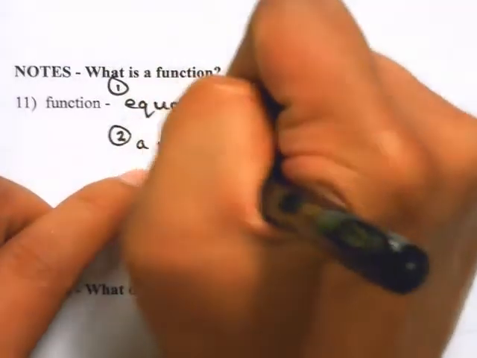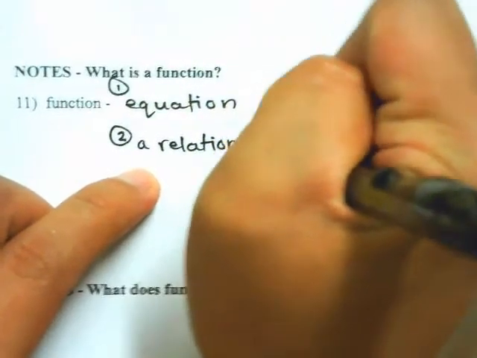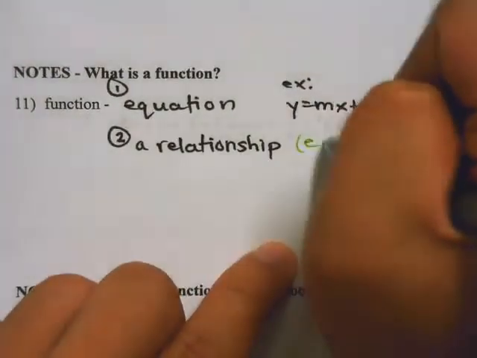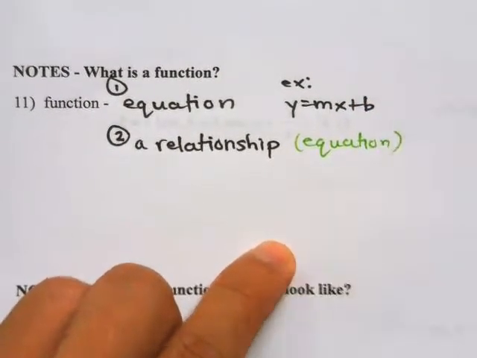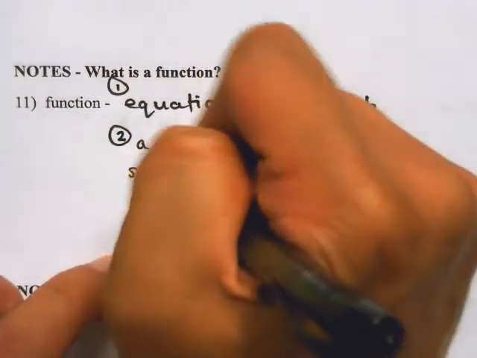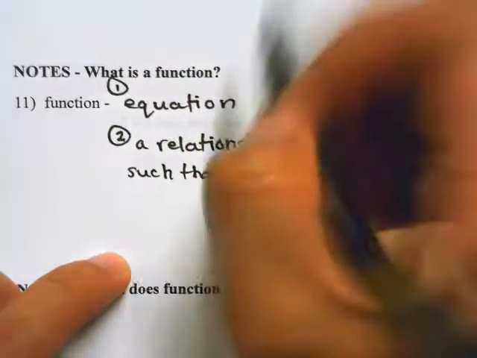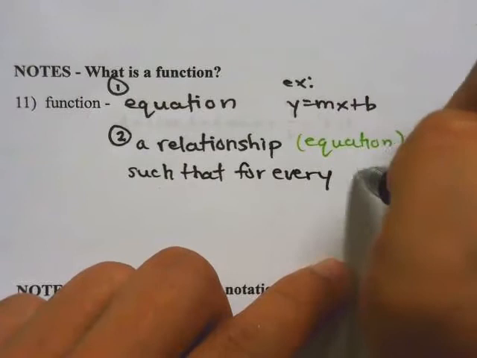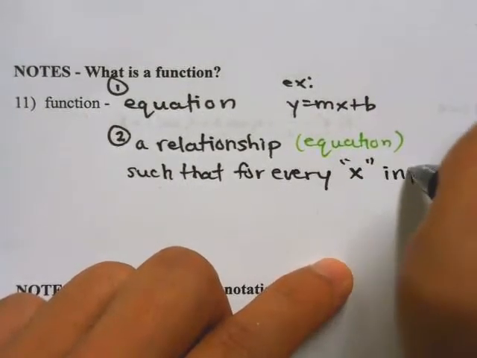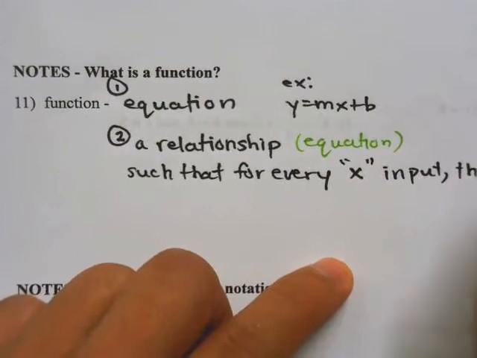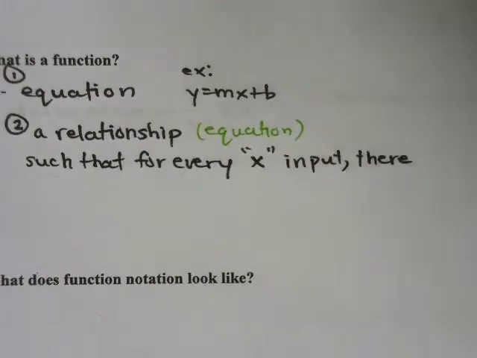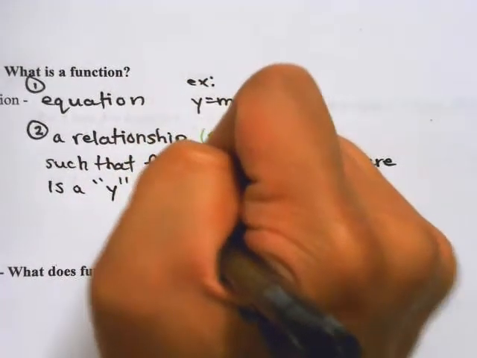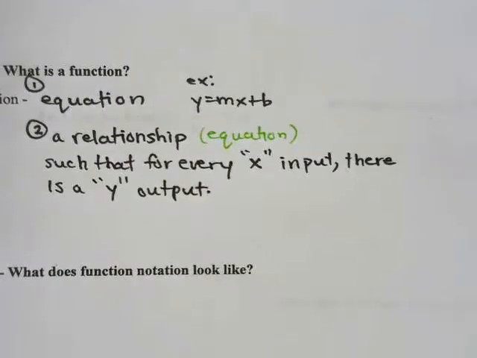It is a relationship, and that relationship really could be an equation such that for every x input, there is a y output.